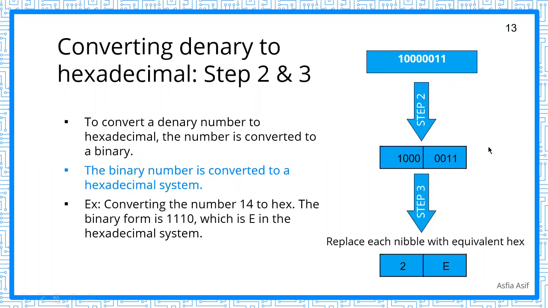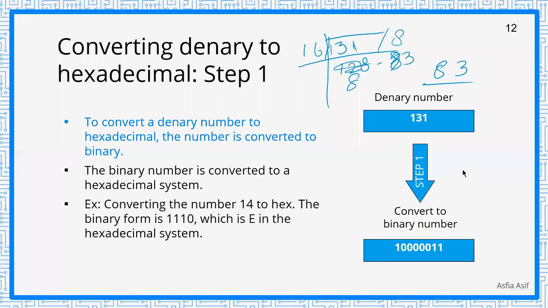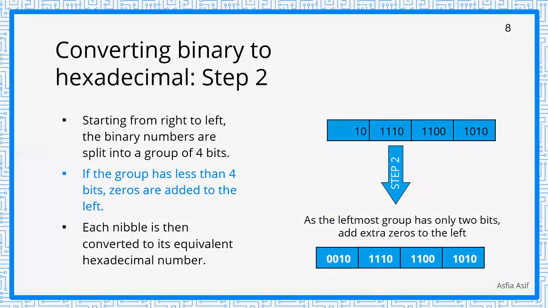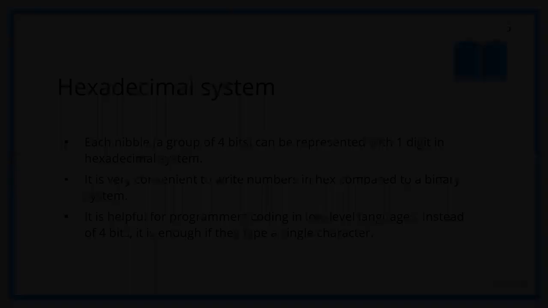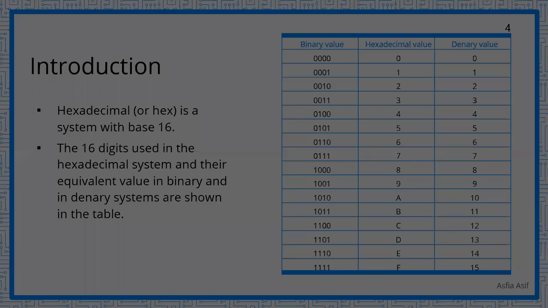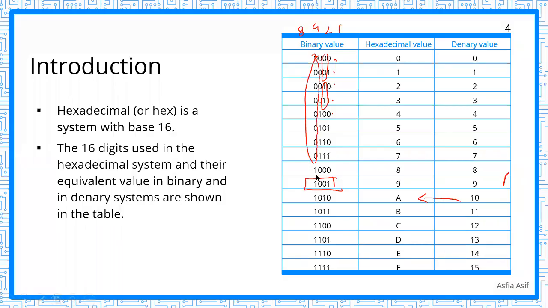Okay, let me check the table. 0011 is, I think we are doing something wrong. 0011 is 3. So why are they writing E? E is 1110.